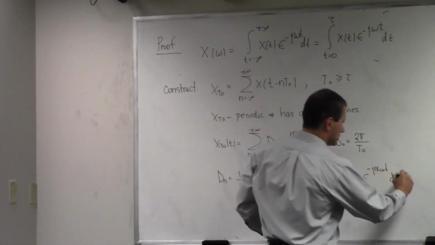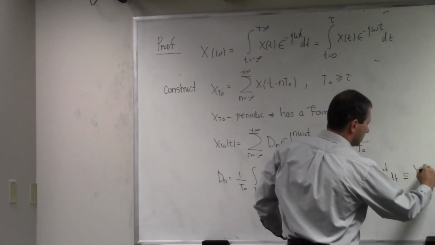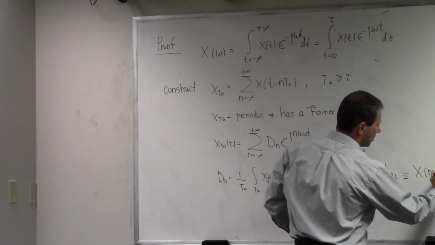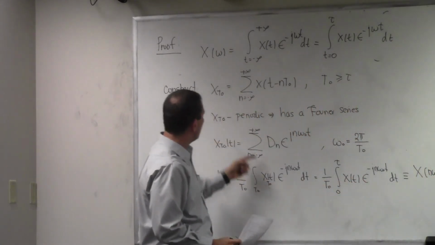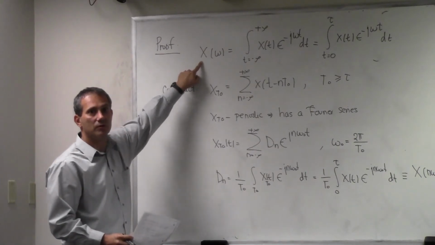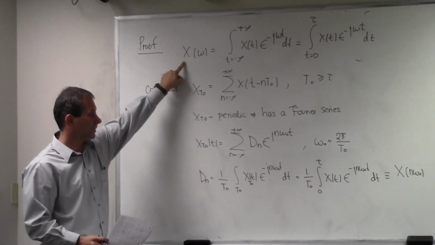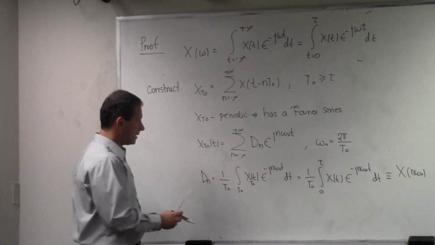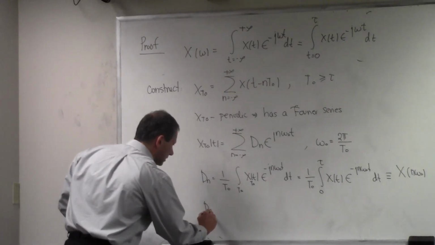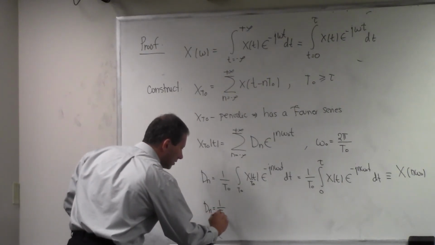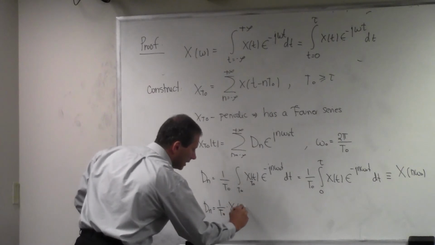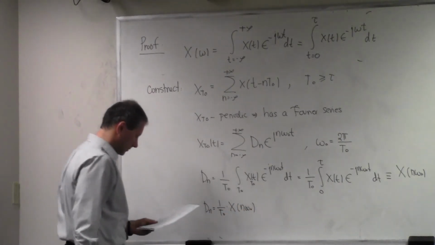So this is essentially X of n omega 0, which is a sample of the Fourier transform of the original signal. Okay? So now, knowing that, we can see that dn is equal to 1 over T0 times X of n omega 0.